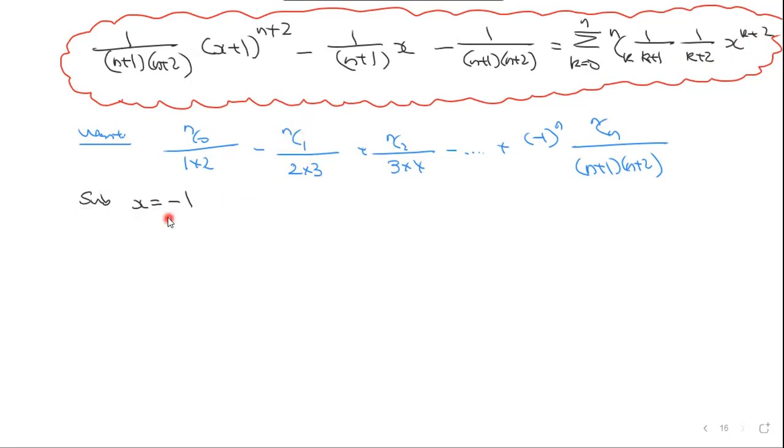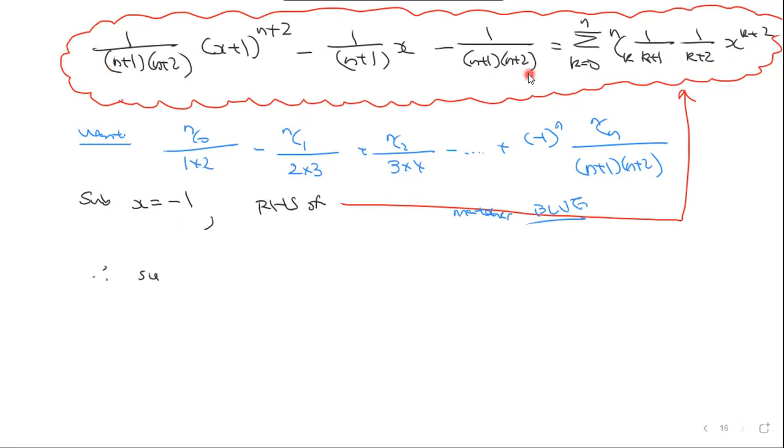So when you sub x equals -1, you can see that the right-hand side of our expression over here matches the blue, which is what we want. Therefore, what we want to evaluate is the left-hand side.